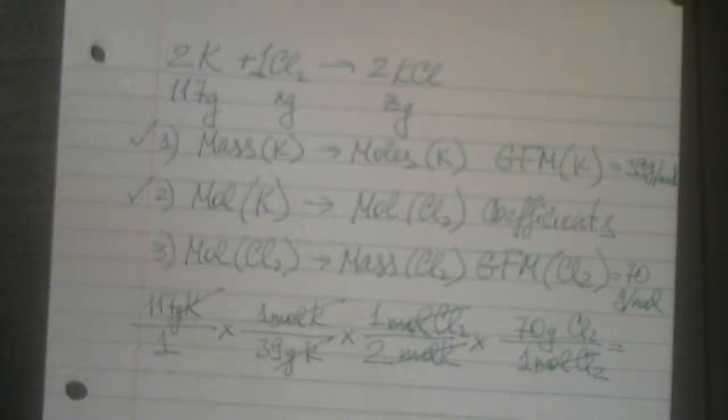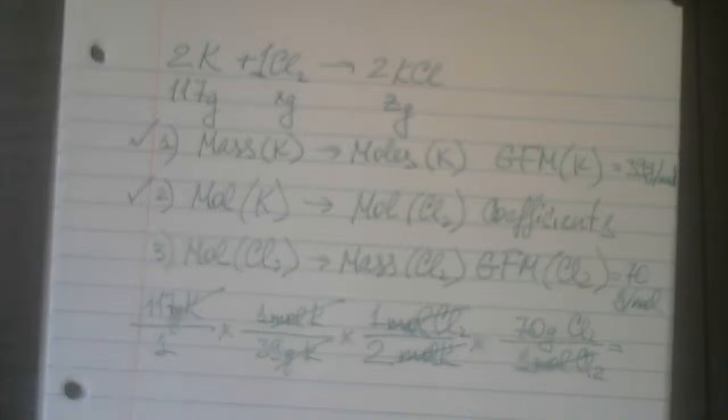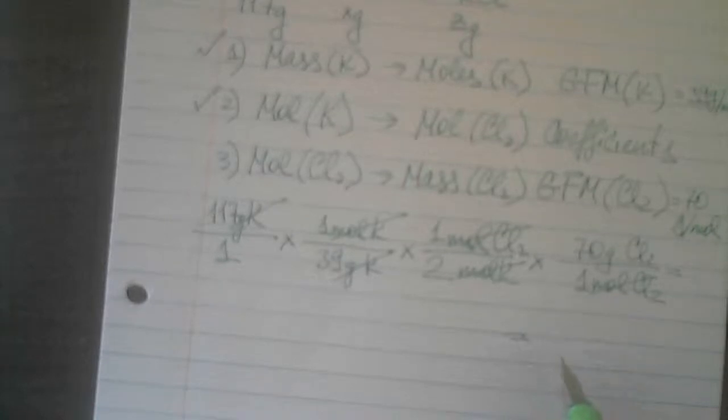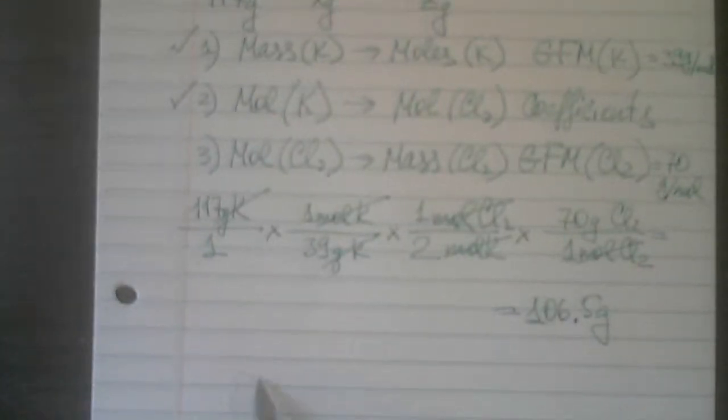So once again, as before, when we multiply numerators and multiply denominators, we end up with the mass of the chlorine to be 106.5 grams.